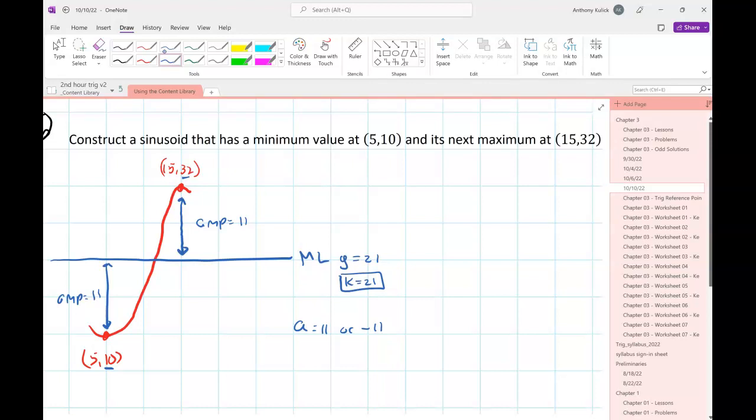So the picture that I've drawn so far, what percentage of a period have I drawn? Should look like half, right? If I were to complete the period, I'd have to continue going back down to a minimum, right? So it looks like from here to here is half a period.